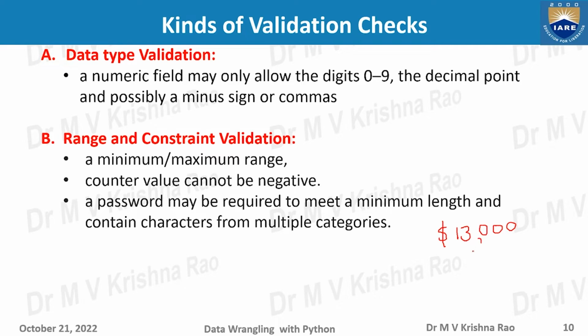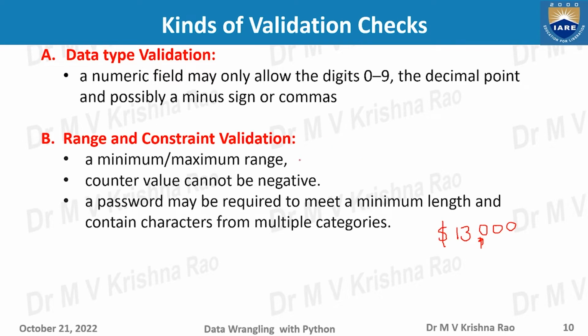Sometimes the comma may not be available. One data source may have commas there, while some other database may not have the commas in that attribute. So you have to really validate both data sets and both fields, and you should normalize these differences, whether to consider the comma or not.